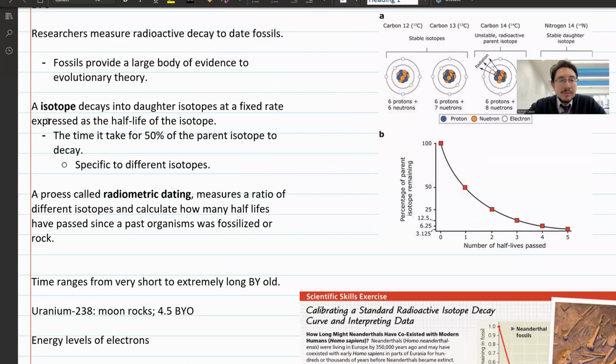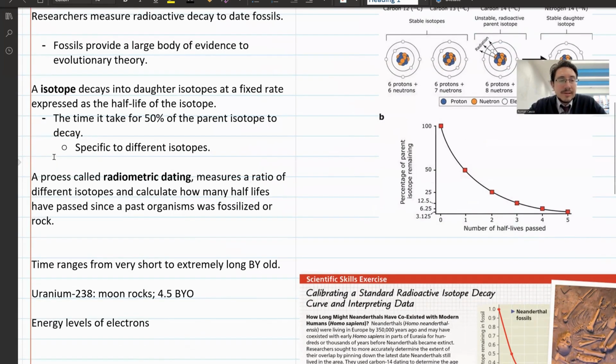Just to read the notes here, an isotope decays into daughter isotopes at a fixed rate, and this fixed rate is usually referred to as the half-life of the isotope. When it reaches this half-life, 50% of that parent isotope would break down into this other form.